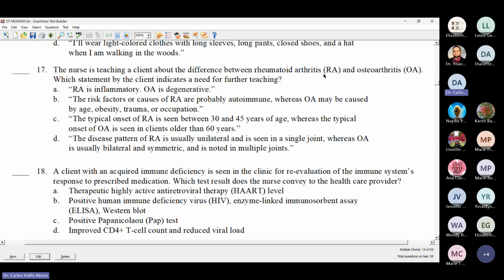There is an element that is not mentioned here: in rheumatoid arthritis there is a lot of muscle stiffness and joint stiffness after rest. So in the morning, when the client with rheumatoid arthritis wakes up, they are going to be extremely, pathologically stiff. Any movement is going to be very difficult and very painful. And this stiffness is going to last more than 1 hour.